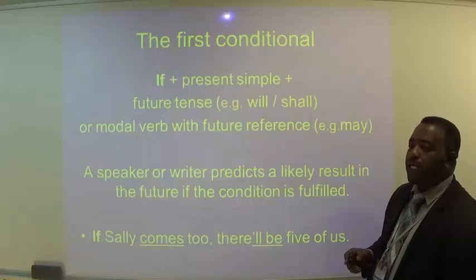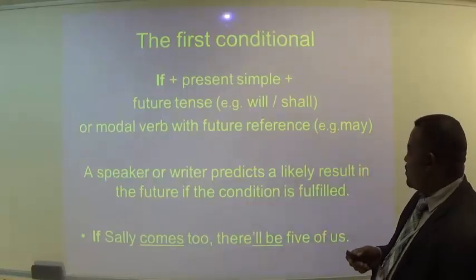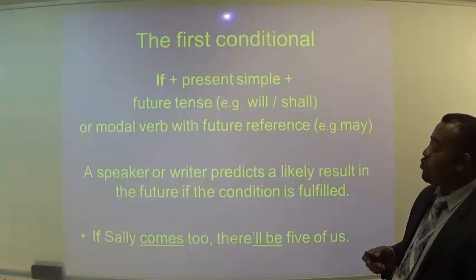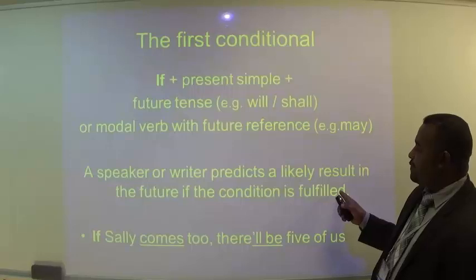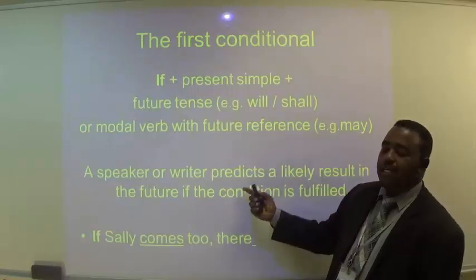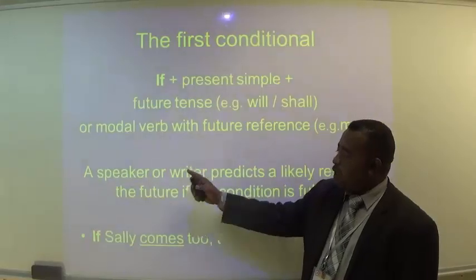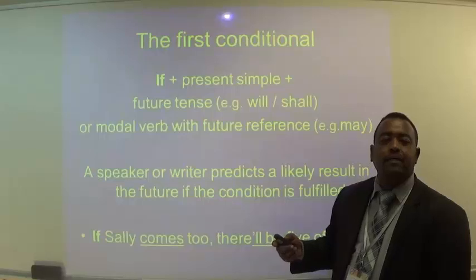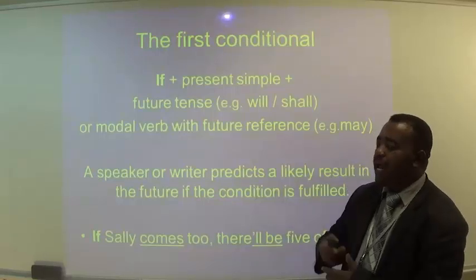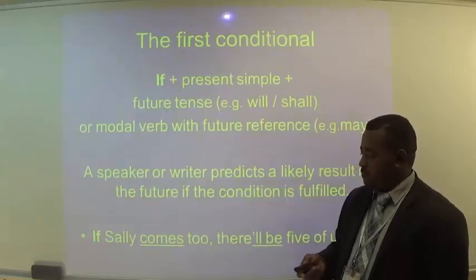A speaker or writer predicts a likely result in the future if the condition is fulfilled. So what does this sentence mean? The writer or speaker is predicting an action that could possibly happen in the future.